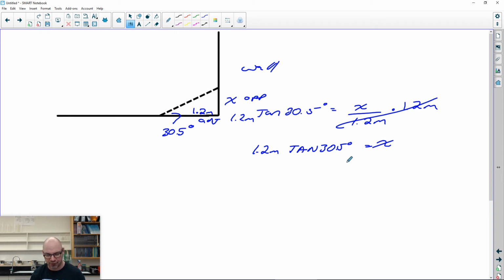So to the nearest tenth, it's 0.7 meters up the wall. Okay, and that is our third one. Okay, we got a fourth one with a power pole here, so we'll do that one as well.